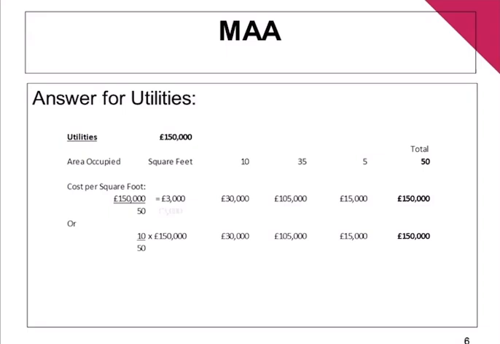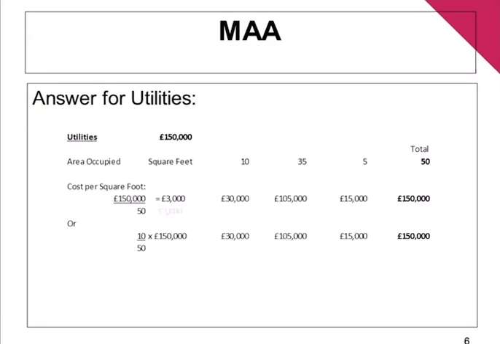Again, getting the same level of apportionment. And we do finally the same: 5 divided by 50 times by 150,000 will give us the 15,000 that you see. Okay, so there you go. Although you see the 150 twice, it's just choosing one method or the other in which to apportion that cost across the three departments. So that's for utilities.